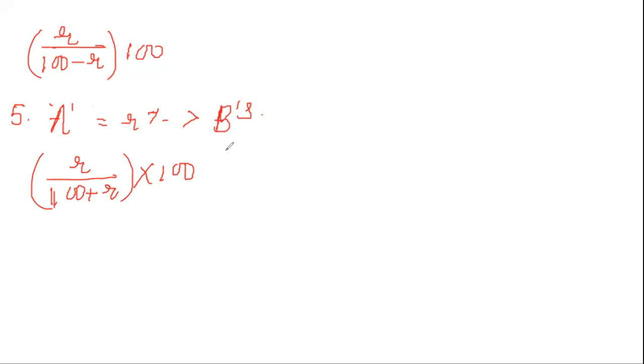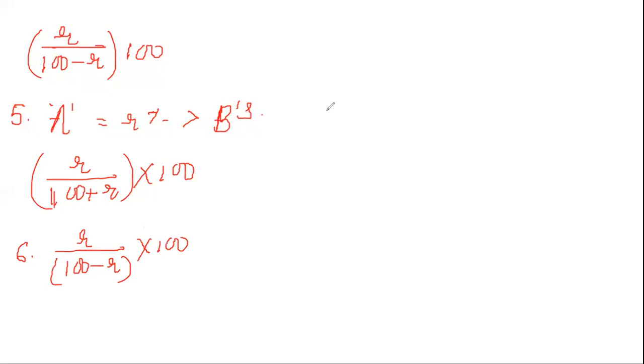All the formulae are in the PDF. You will get that PDF later on. The next, if A's income is R% less than B's income, then B's income is more than A's income by R divided by 100 minus R into 100.